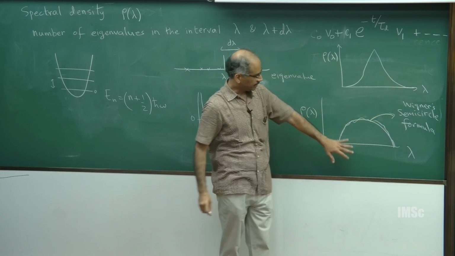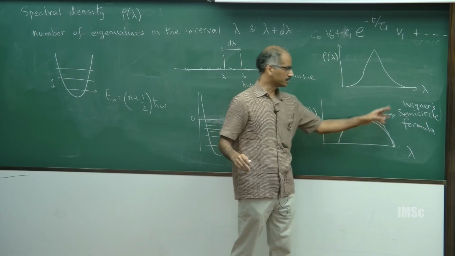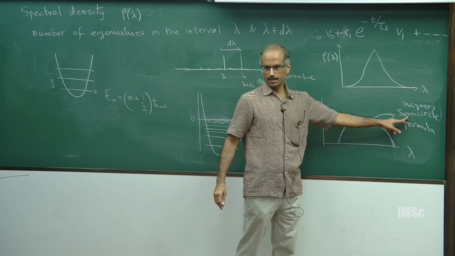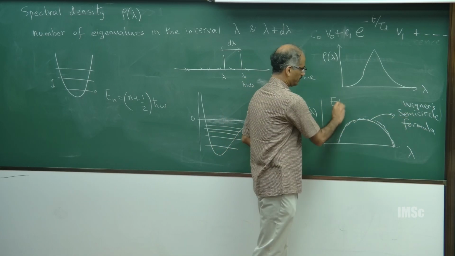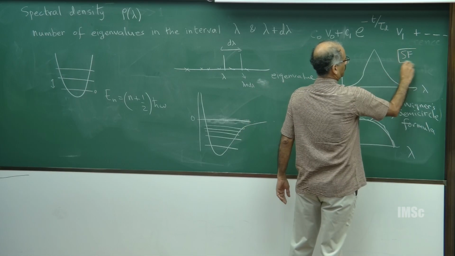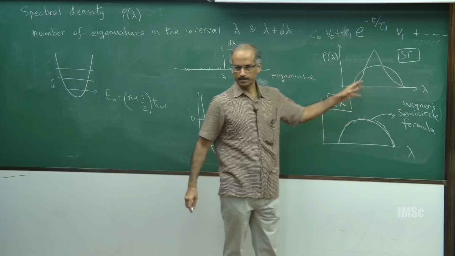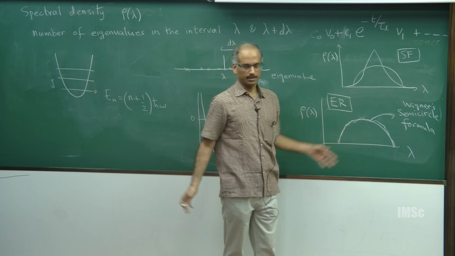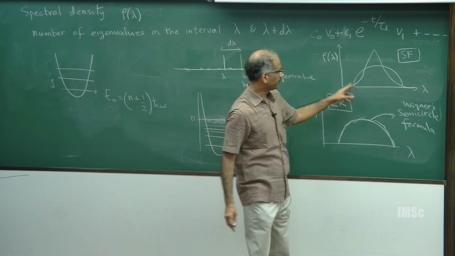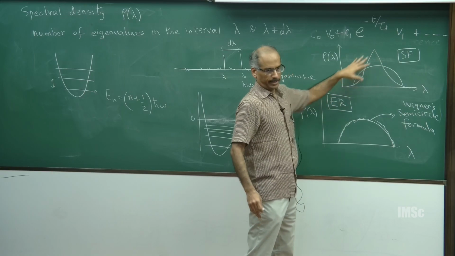It coincides with the random matrix result of Wigner's semicircle only for the ER network. If you take a scale free network and compute its eigenvalues, they will fall on a curve that looks approximately like a triangle.